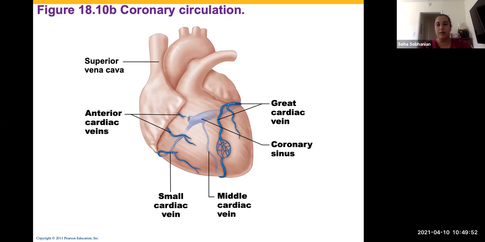Your middle cardiac vein runs parallel to your posterior interventricular artery. A small cardiac vein runs parallel to your right marginal artery.